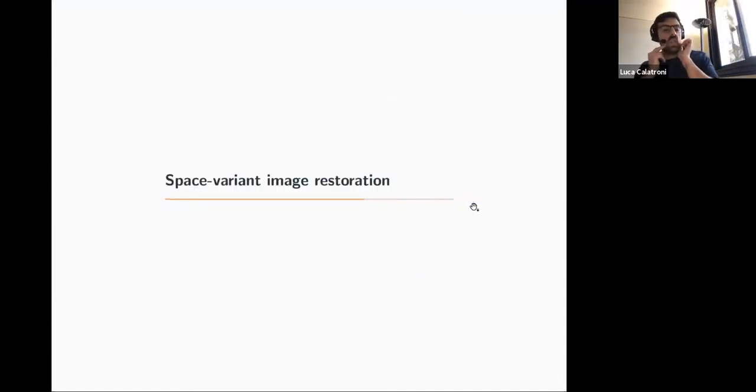Okay, so now the question is, can we use this modeling to improve upon some limitations and some rigidities of TV image regularization models, due to this combined parameter estimation and space variant image regularization modeling?